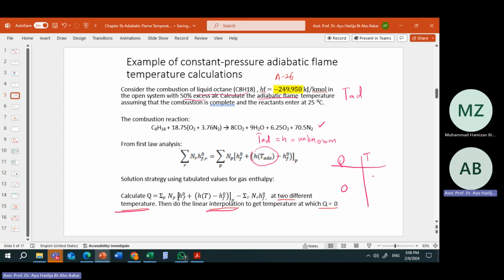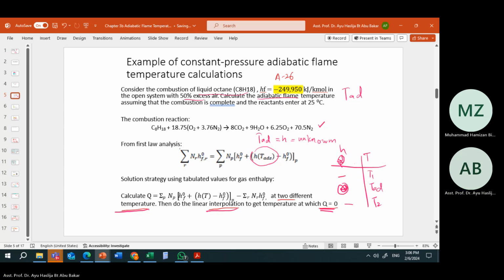Okay, at certain temperature, you akan dapat what is the H. Sorry, this is H. H ada T1, T adiabatic, T2. Okay, so you akan guess this value so that the Q equals to 0.